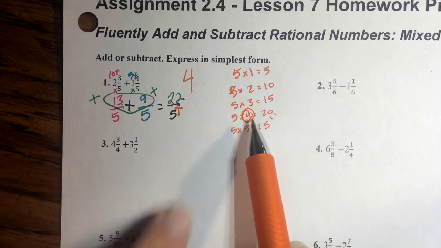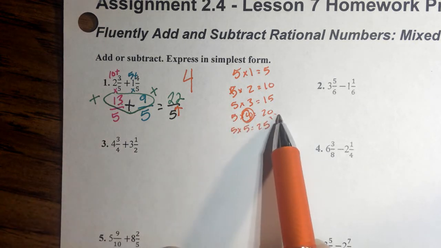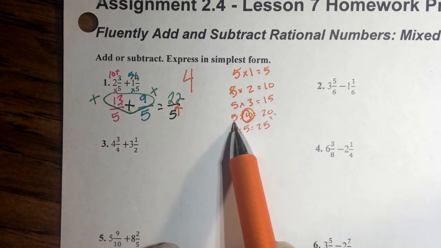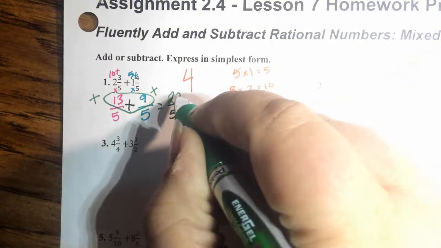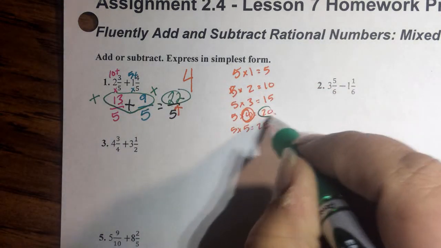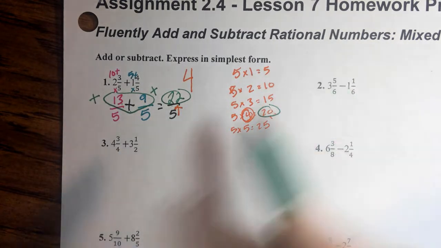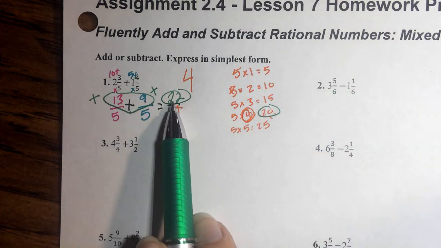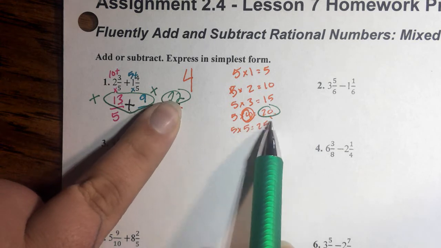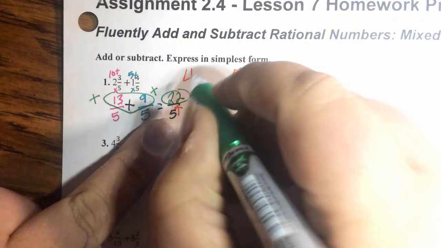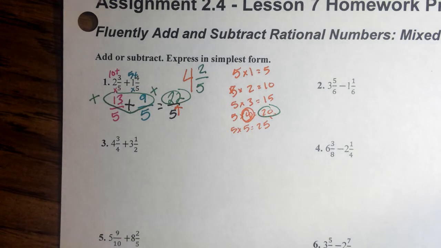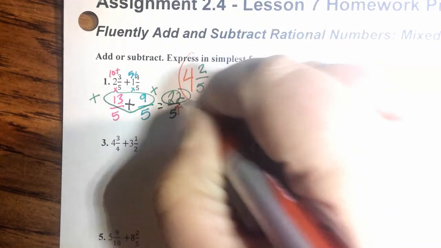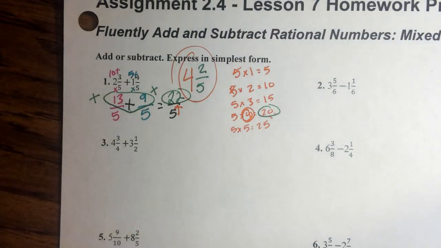I had 22 fifths, and I'm using 20 fifths, so I need to subtract. What's the difference? How many do I have left over? 22 minus 20 is 2. So we'll have 2 fifths left over. So I've got 4 and 2 fifths. 2 fifths is already simplified, so I don't have to simplify further.